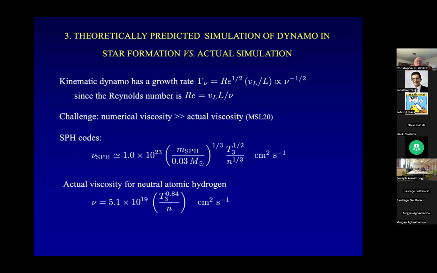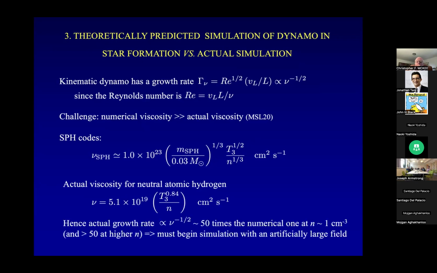For example, for SPH codes, I've written it down using numbers characteristic of our simulation, and we got a number of order 10 to the 23 centimeters squared per second for typical parameters. The actual viscosity for neutral atomic hydrogen is orders of magnitude, more than 1,000 times, less.